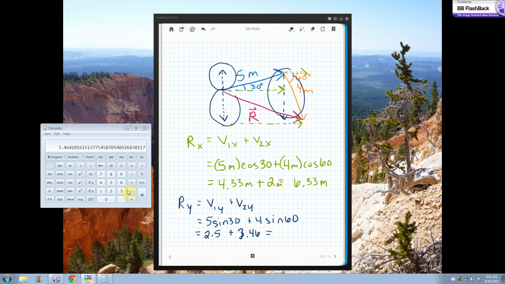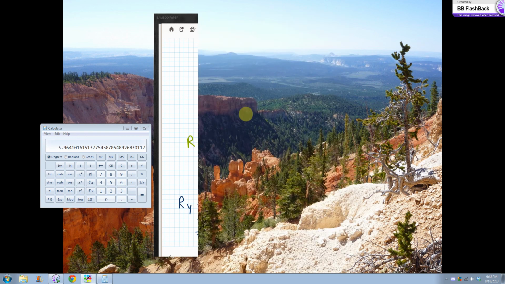So I get 5.96 meters in the y direction.